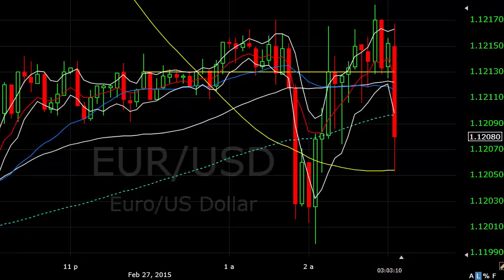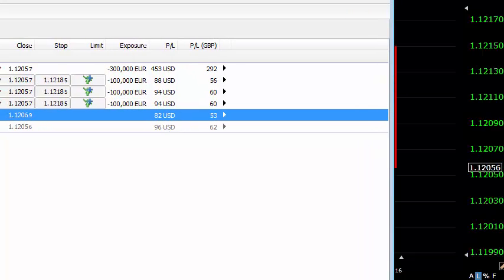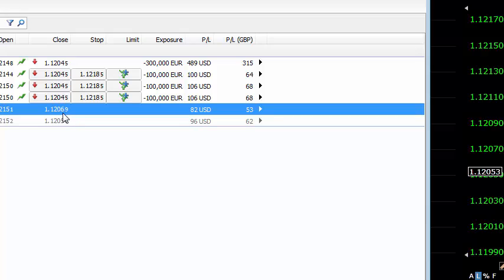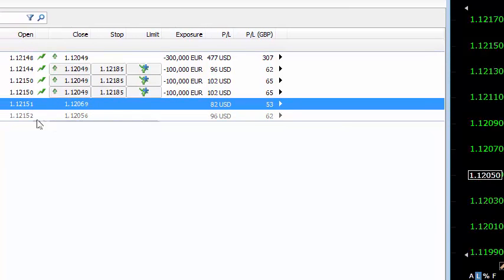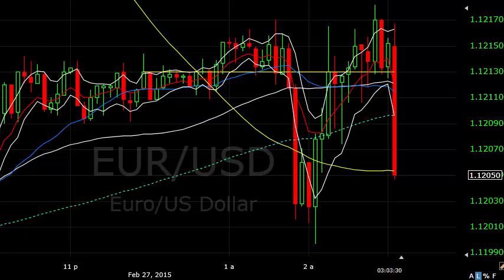So I've taken 2 units off. So let me bring up the account. Now remember, I was risking 3 pips, and I've just managed to get those 2 units off, which from the entries were about 10 pips, and the other one about 8 or 9 pips. So it feels like scalping, but the risk to reward was good on the trade.